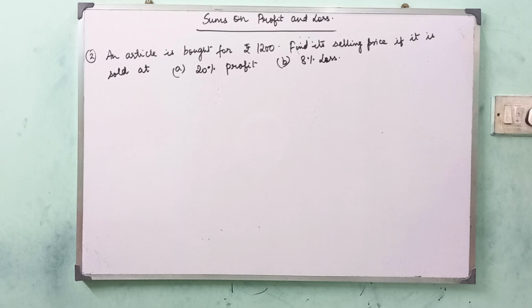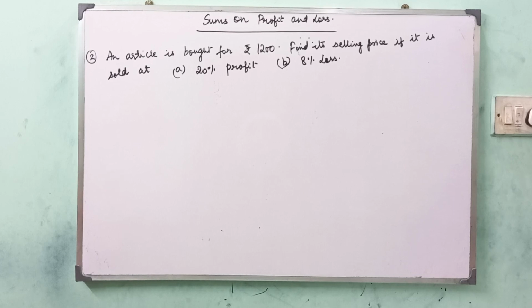So the question is, an article is bought for rupees 1200. We have to find its selling price, that is SP, if it is sold at 20% profit, first case, and second case is a loss of 8%.